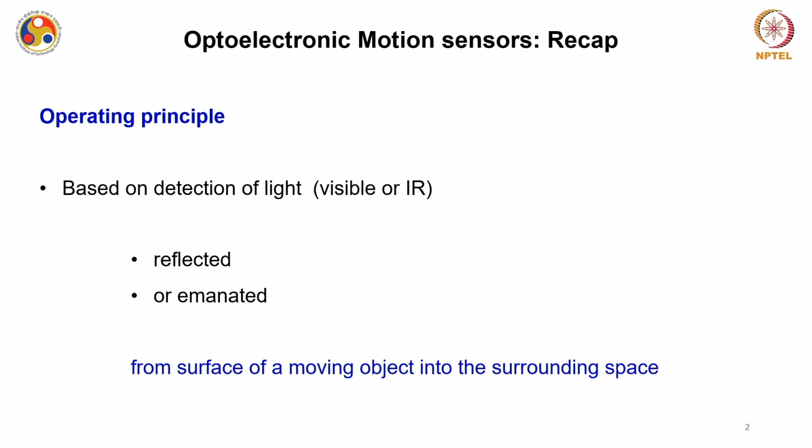This light can either be reflected or emitted from the object itself which we want to detect. So, this reflection can happen from the object surface, while it can also emit some light which we can detect and comment on its position, whether it is still or moving.